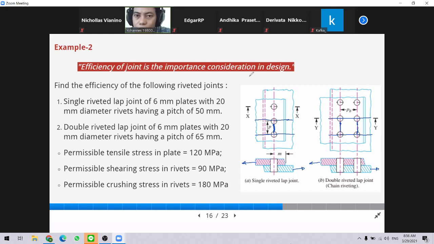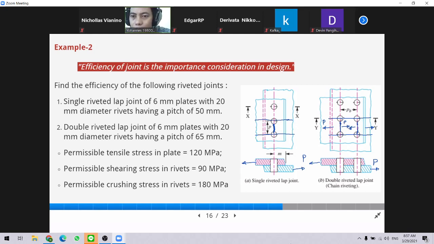If the direction of the load is like this, then on this side we will have the working load of P, and on this side also P. This side, because of action and reaction, is also P, and this is also P. So in this case, the number of rivets in this direction will not change the formula.